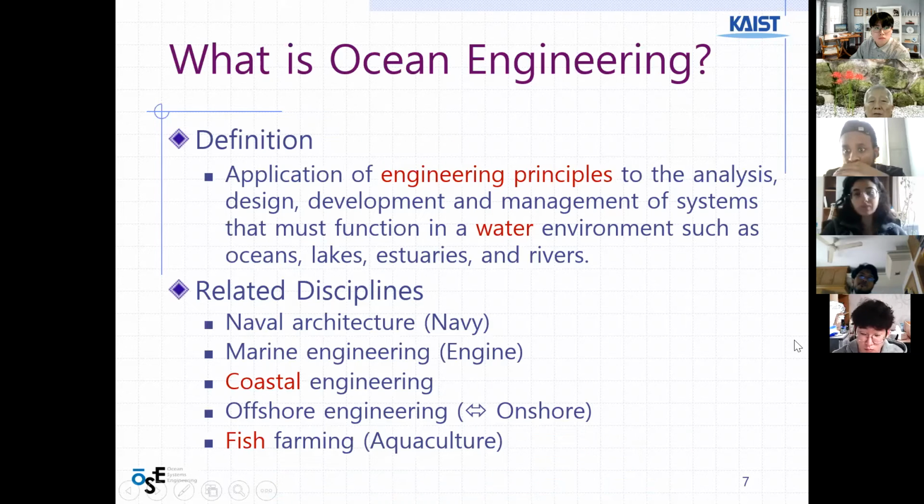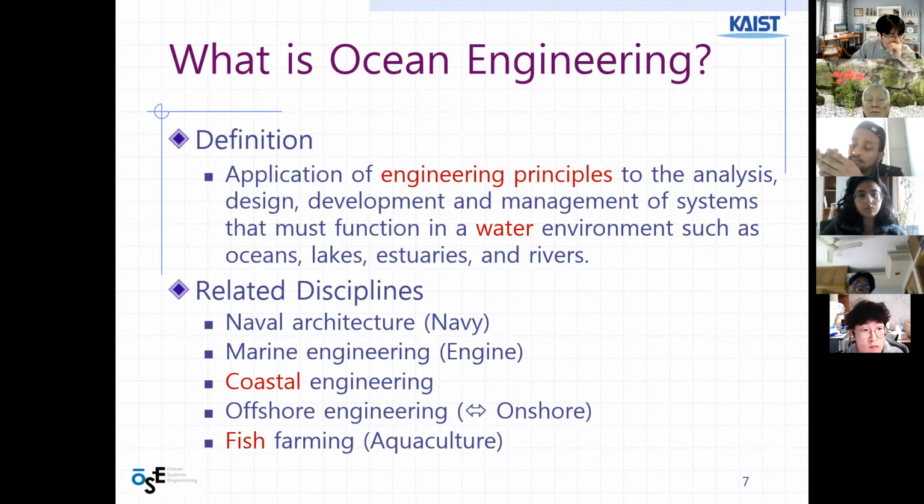Right. So what is ocean engineering? Ocean engineering is the application of engineering principles to the analysis, design, development, and management of the water environment. Ocean is the biggest, but it includes lakes and rivers. And related disciplines: naval architecture, which I explained two days ago, mainly about Navy.